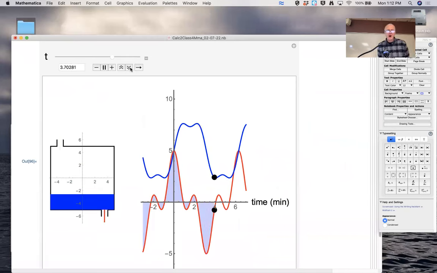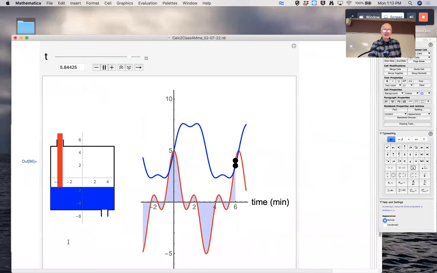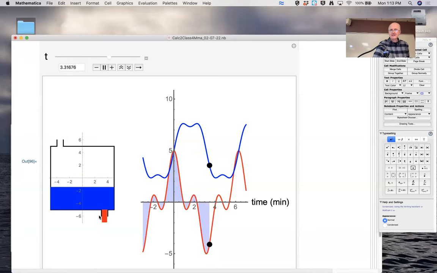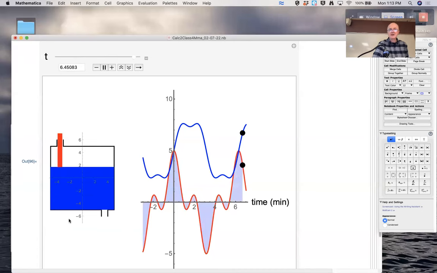Notice that the water level goes down when the red is going out. The water, so to speak, is going out. And it's going down faster when it's thicker. Like right now. That's water levels going down fast. And then when it stops and water comes in, then the water level goes up.